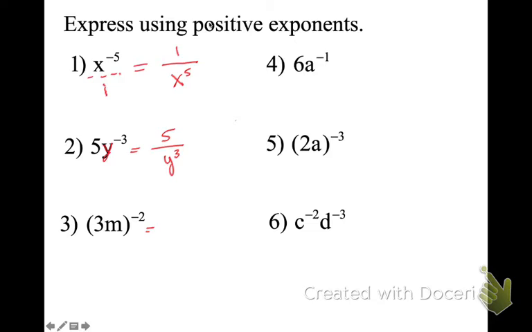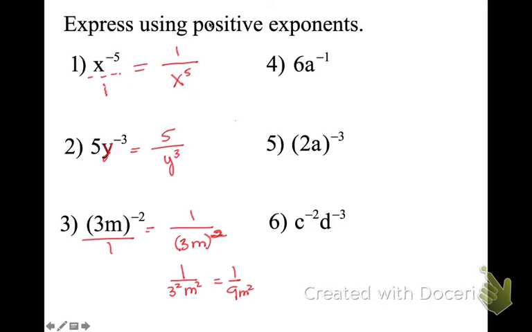Okay. The whole thing is a negative exponent, so the whole thing drops down, 3m to the negative 2 power, 1 goes up, right? So it becomes 1 over 3 squared, m squared. When we drop it down to the positive power, that equals 1 over 9m squared. Okay, try 4, 5, and 6.